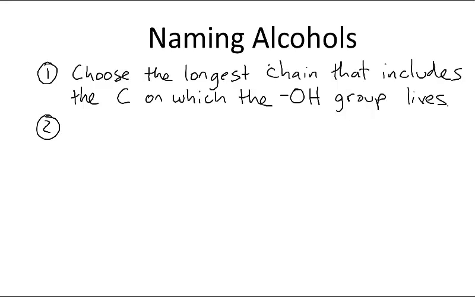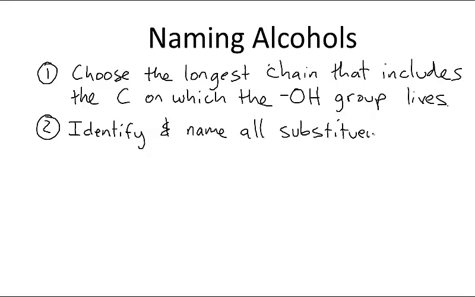You're going to identify and name all the substituents. And then when you number, the difference is you want to make sure that the alcohol group gets the lowest number.